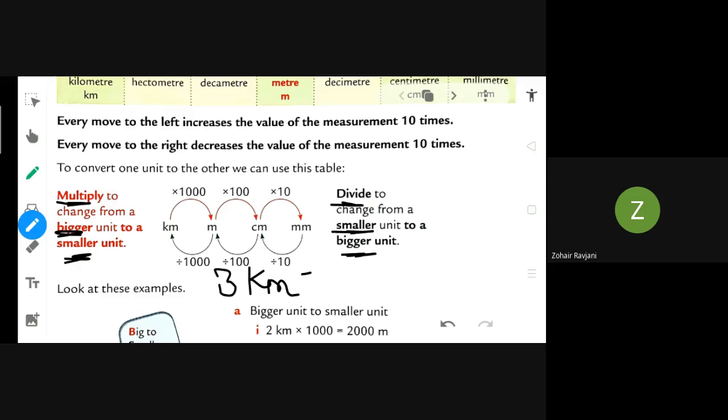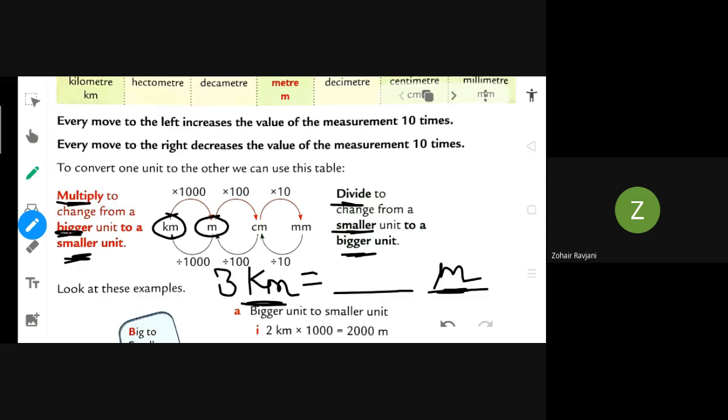3 kilometer is given. 3 kilometer is how many meter? Ma'am, 3000 meters. Yes, 3000 meters. So you are converting. Now let me speak, everyone. When we are converting kilometer to meter, from kilometer and meter, which is bigger?